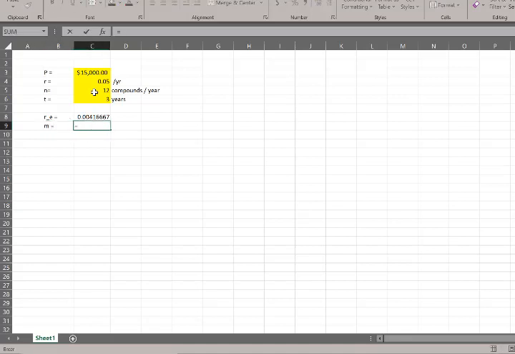We call that M. And so this is just N times T. Okay, and notice how we're breaking up the intermediate calculations. We don't want to do too much in one cell because then it becomes very hard to see if an error did indeed occur.